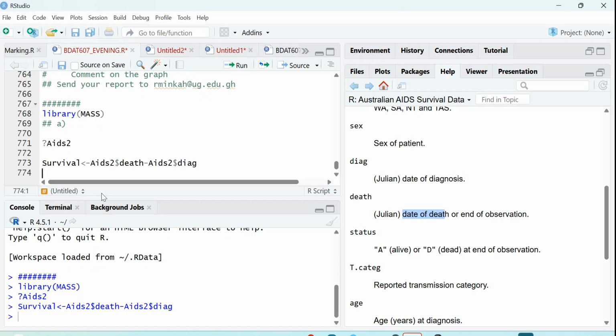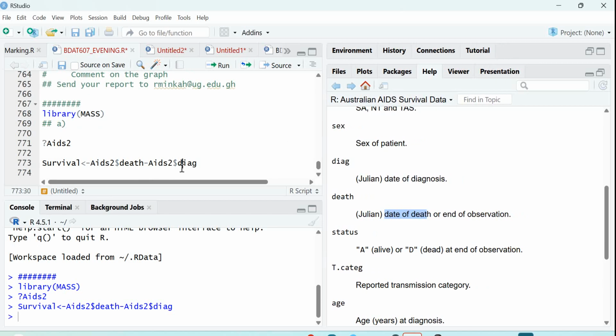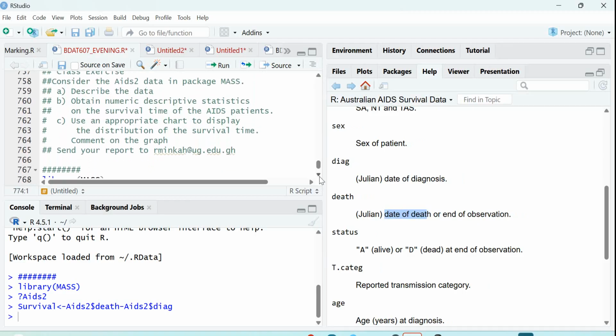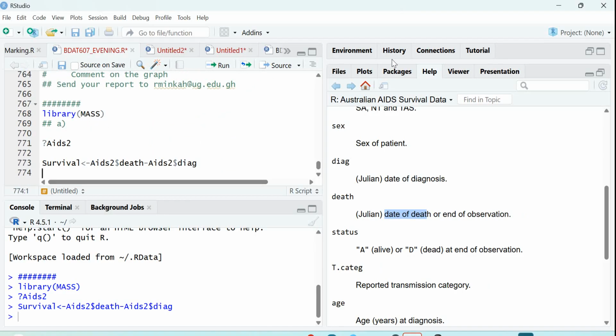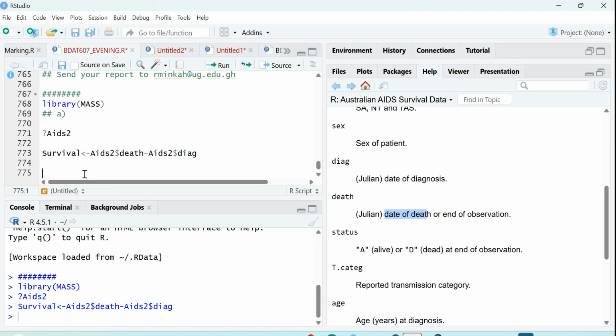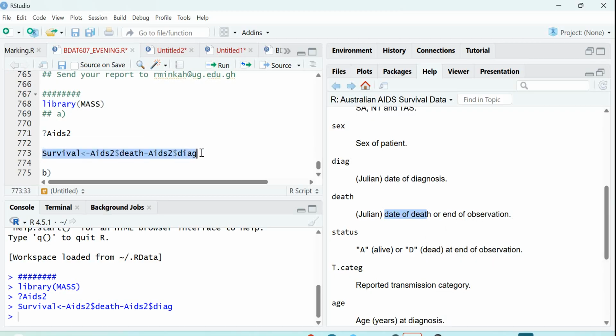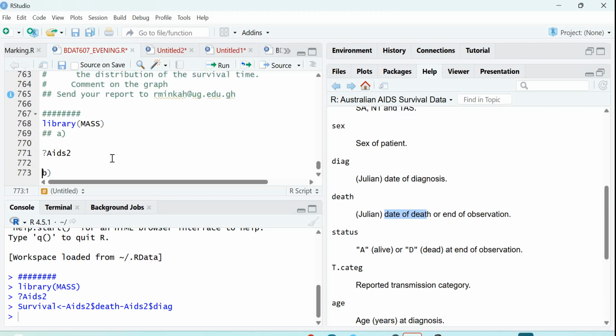So what kind of graphs can I use? Well, the first one was summary statistics. Describe the data, obtain numerical descriptive statistics. So for B, you can get your survivor like this.